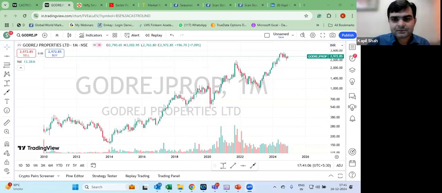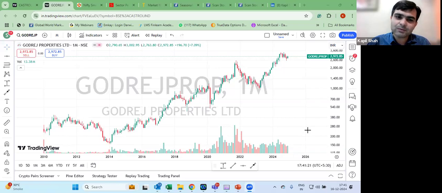Yes, anyone attempting? The Godrej Properties chart in front of you is my monthly chart. At what level can you place the line? You can refer to this y-axis. At what level can you put down the levels?